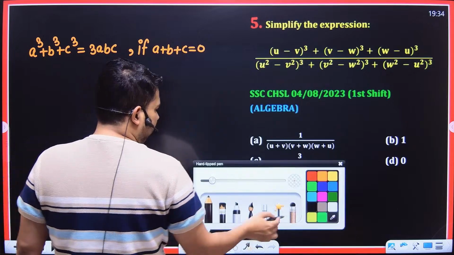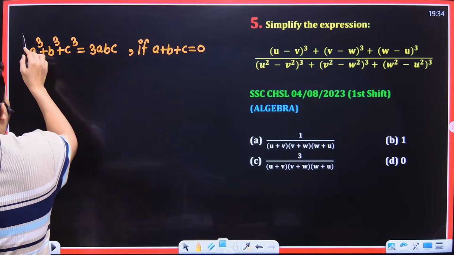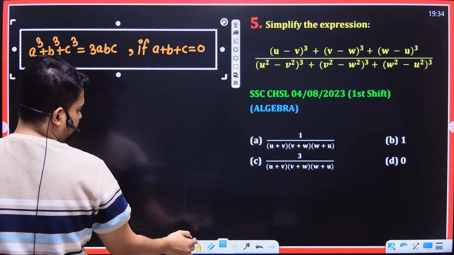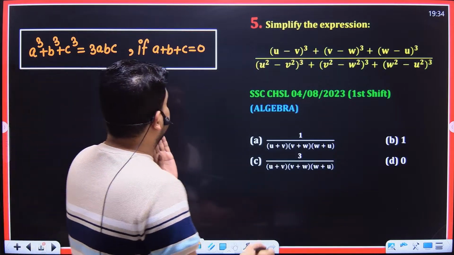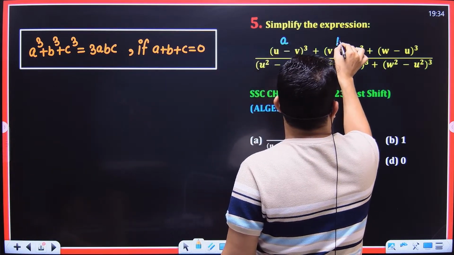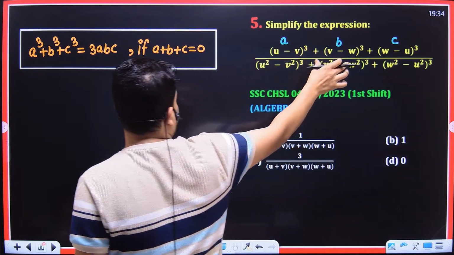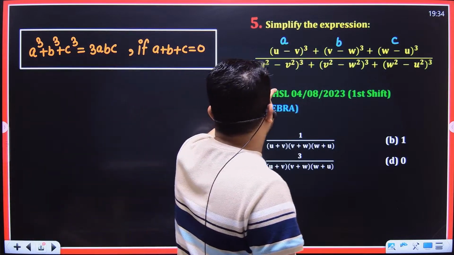In algebra, I will teach you this type of formula in detail, because we have plenty of questions on this formula. See what we have. If I consider this a, this one b, and this one c, then I have a cube plus b cube plus c cube.